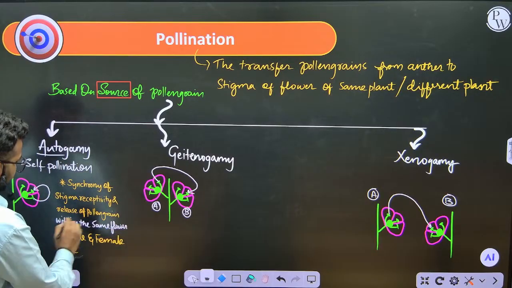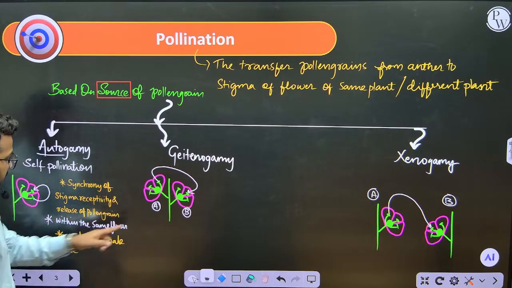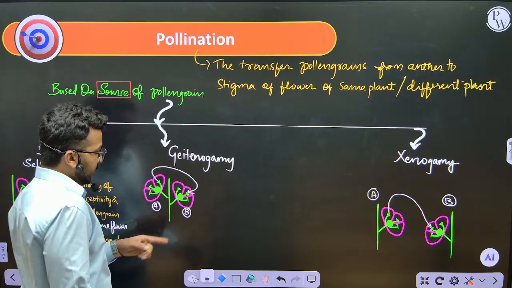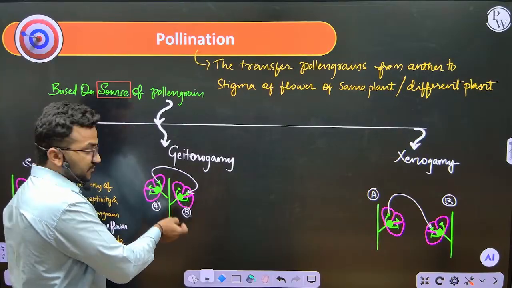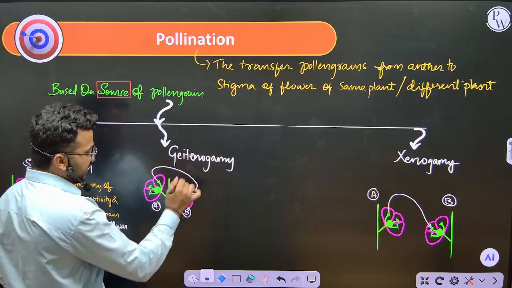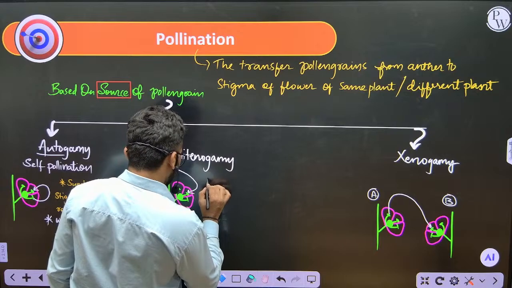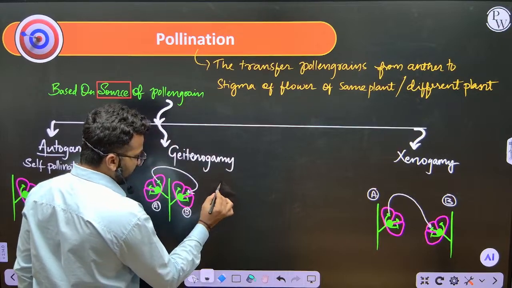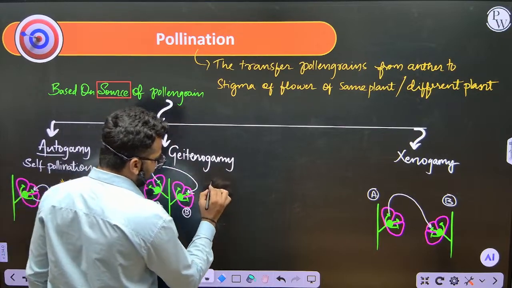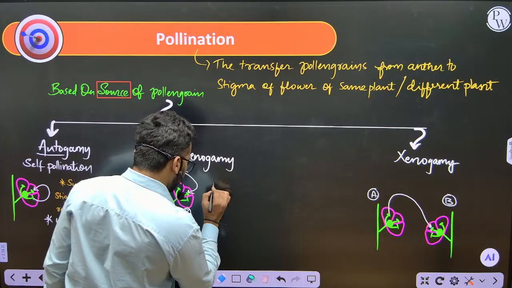But here, it is not within the same flower. It is of a different flower of the same plant. So geitonogamy is nothing but the transfer of pollen grain from anther to the stigma of a different flower.